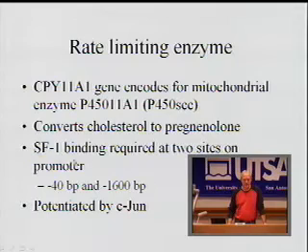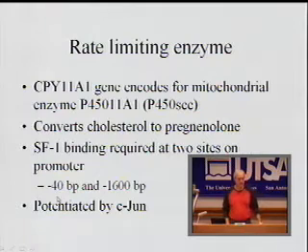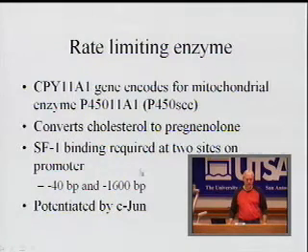We noted that the SF1 binding is required at 2 sites in general, but now we note at 2 sites on the promoter region at the minus 40 base pairs upstream from the start site and minus 1600 base pairs upstream.